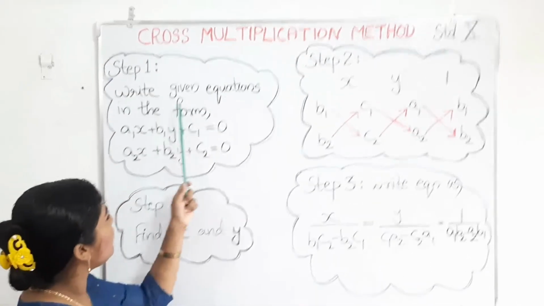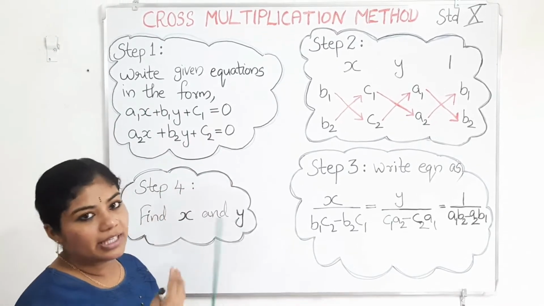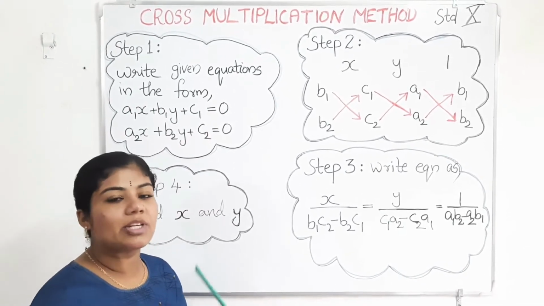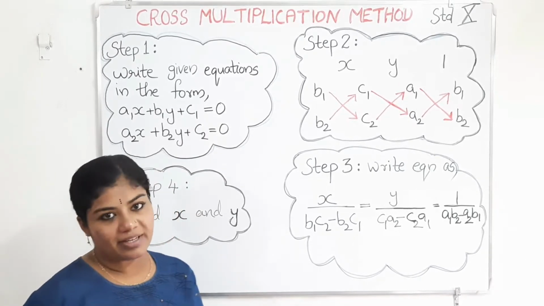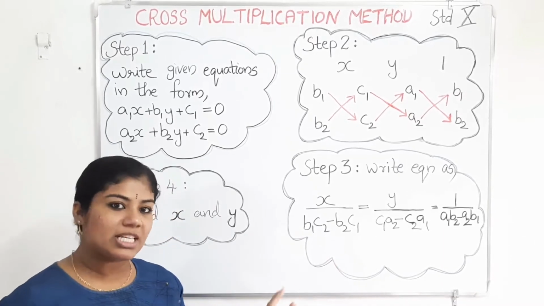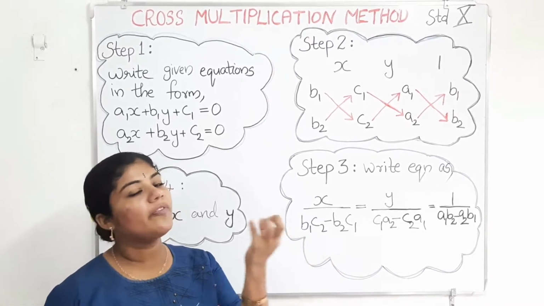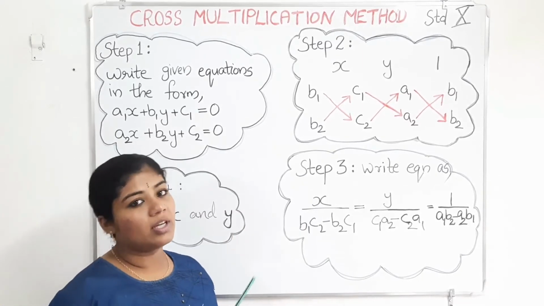Write the given equations in the form. In some cases the equation is not given, or your equation will be like a statement, like the word problems we did in the elimination and substitution methods. So you have to form the equation first, but directly given questions are also there.